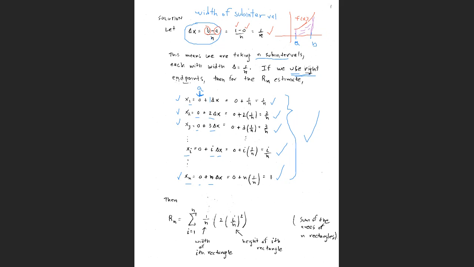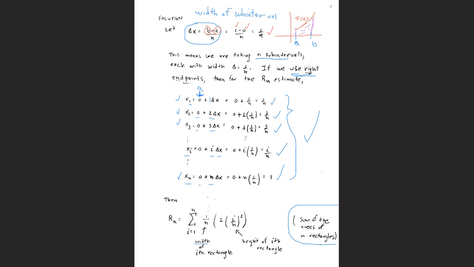All right, very good. Well, now what we're going to do, we realize that to approximate the area under the curve, we have to add up n rectangles.